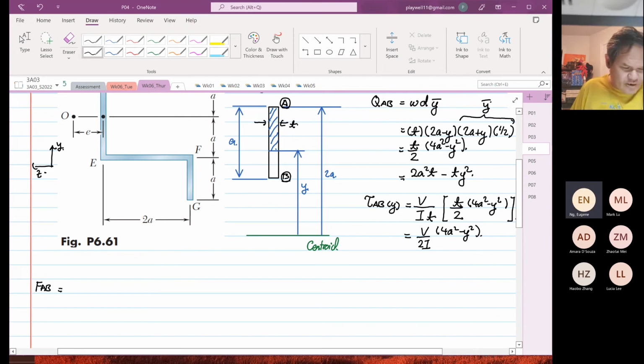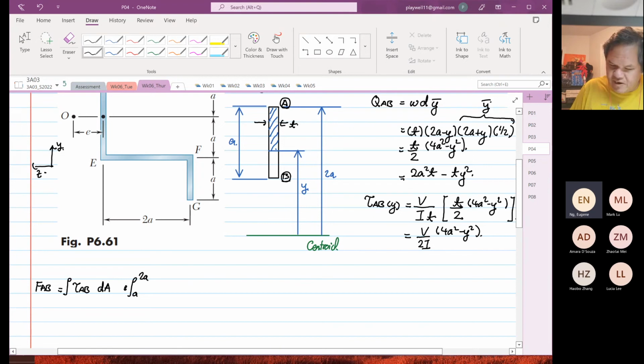FAB is going to be the integral of the shear stress of AB with respect to the derivative of the area.